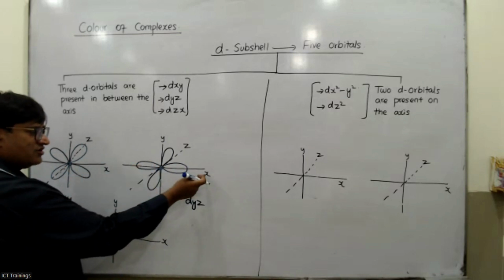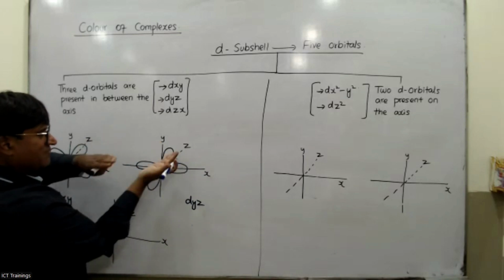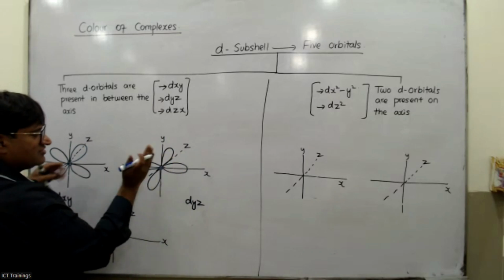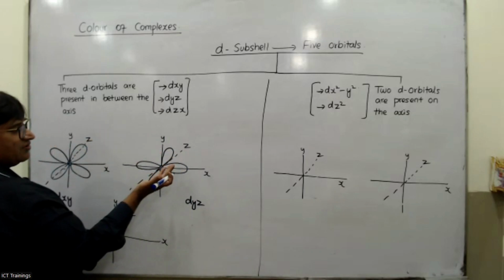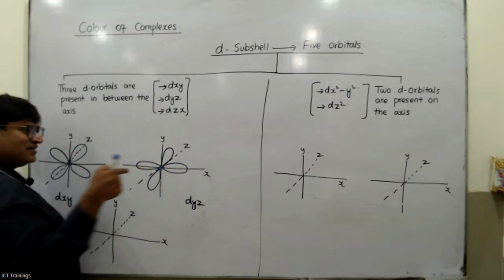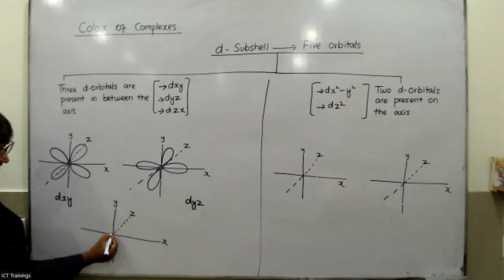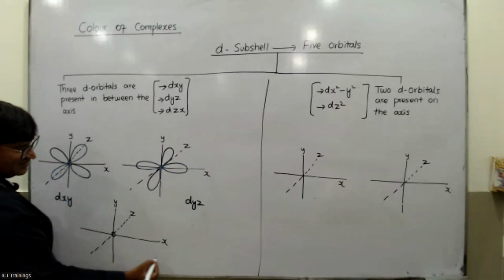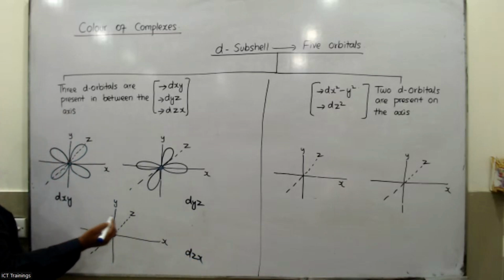This is not present on the x-axis. The x-axis is this time coming into and out of the page. Okay, the next one is dzx. So this is z, this is x.